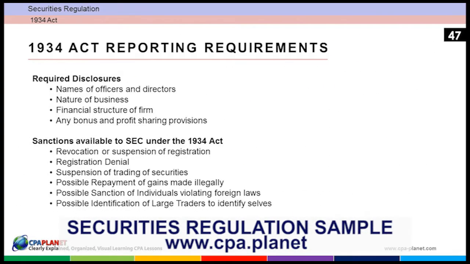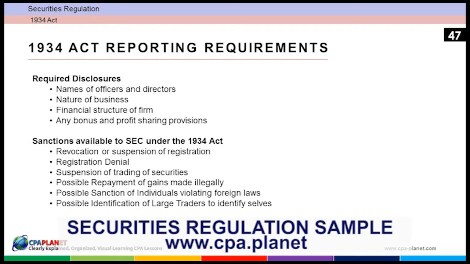Anybody that is required to disclose must disclose the names of officers and directors, the nature of the business, the financial structure of the firm, and any bonus and profit sharing provisions included in the firm.